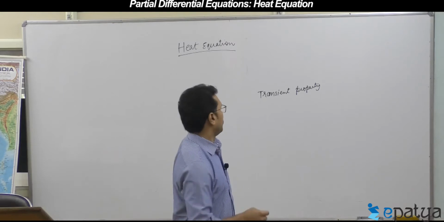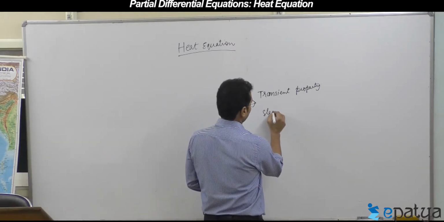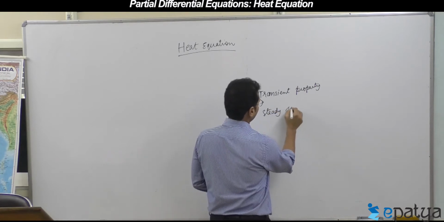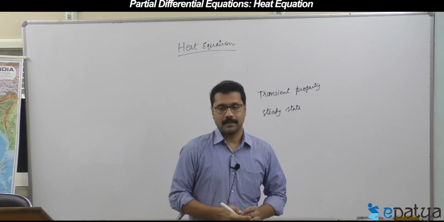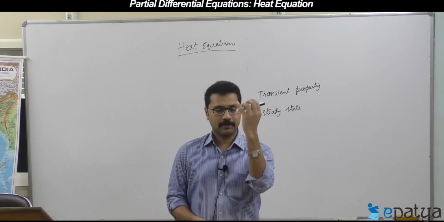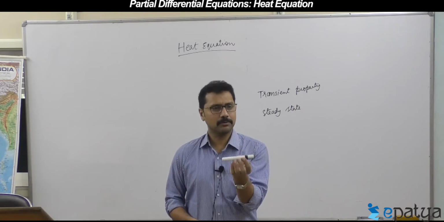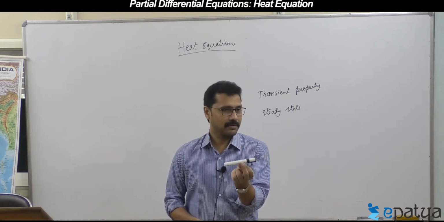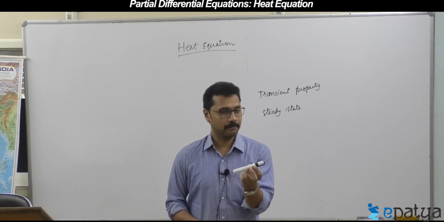Okay. Now, there is one more property called steady state. What is the steady state? How much time does it take for this material to come to room temperature? Ideally, it takes T, time goes to infinity.